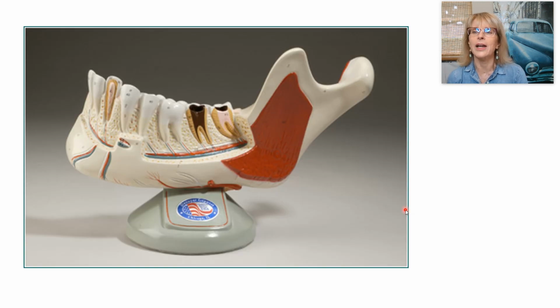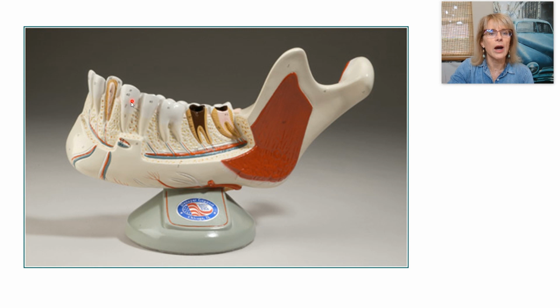Let's look what it looks like on our model. So this would be one, two, this would be two of the incisors on the lower jaw on the left side. Here is the canine tooth. The canine tooth has been kind of dissected open on this model to reveal some of the detail on the inside of a tooth.